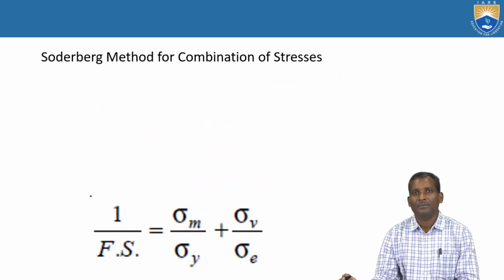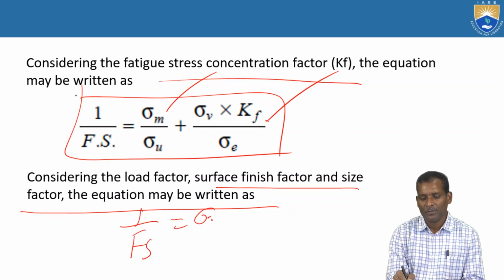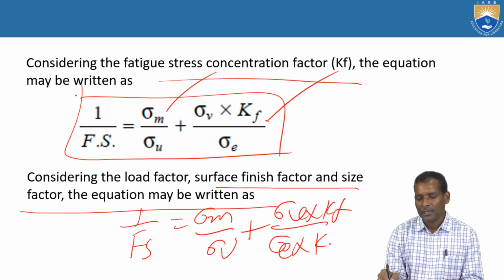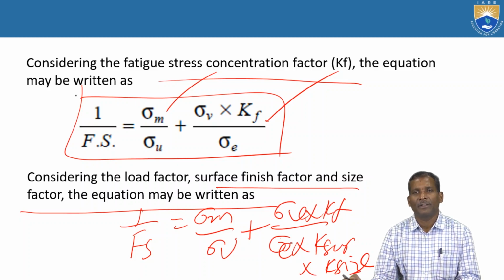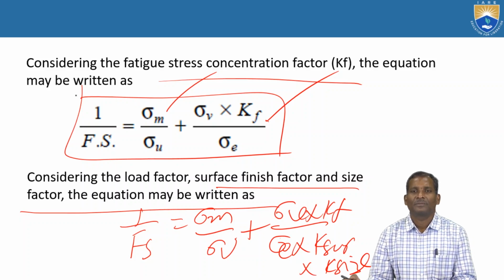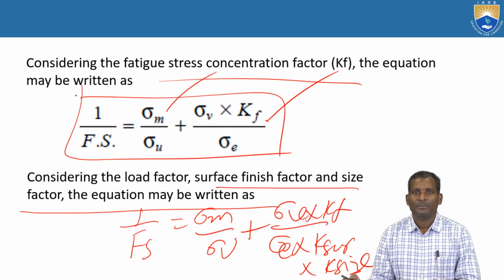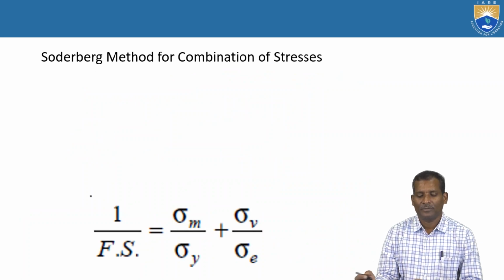Considering the other factors, you may write it like this: 1 by factor of safety is equal to sigma m by sigma u plus sigma v Kf by sigma e multiplied with the load factor, surface finish factor and size factor. These factors you should multiply with sigma e. Clear? So the third method is the Soderberg line method.